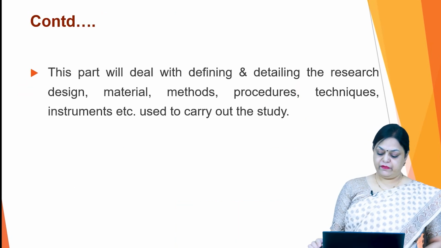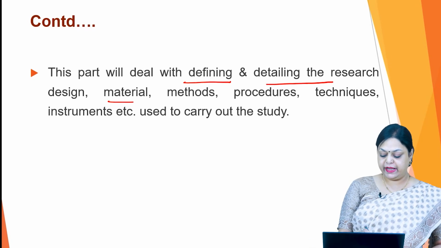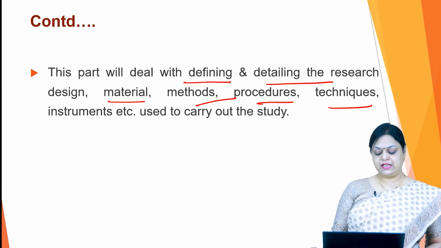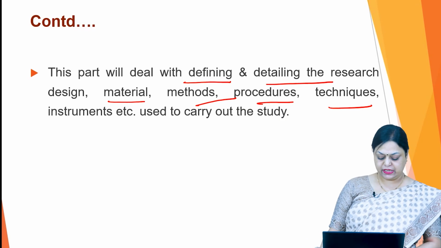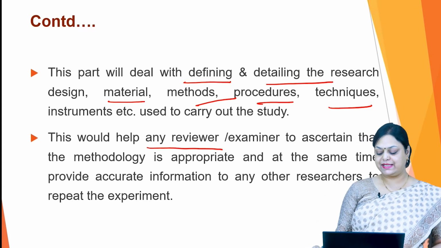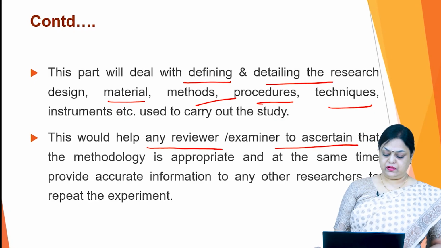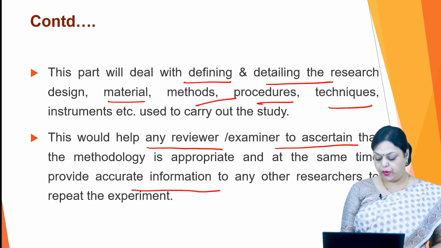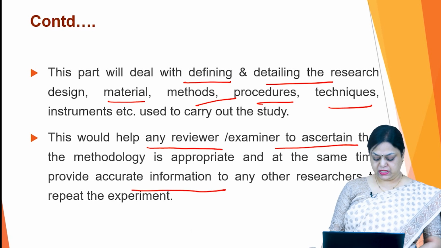This part will deal with defining and detailing the research design, material, method, procedure, techniques, instruments, etc. used to carry out the study. This would help any reviewer or examiner to ascertain whether the methodology is appropriate and at the same time provide accurate information to any other researcher to repeat the experiment.